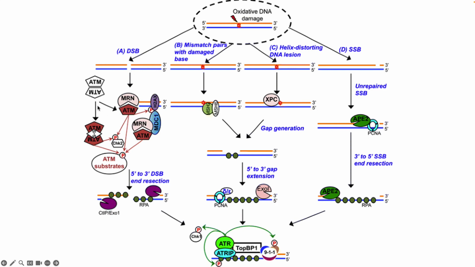But as you can see, there are many players that play a role in doing this, versus the other processes, which have much fewer proteins involved. So this just goes to show how complex this one pathway is.